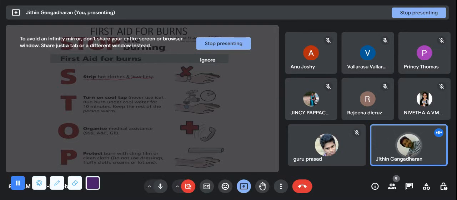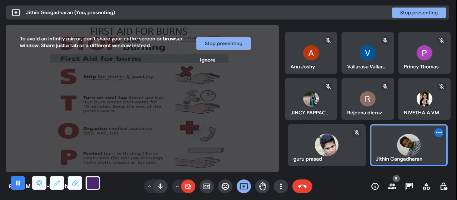Again, I am saying that if there are burns, you should not remove the clothes in the hospital, because there is a high chance the skin will be attached to the cloth, and when you remove the cloth, the skin will also be peeled off.